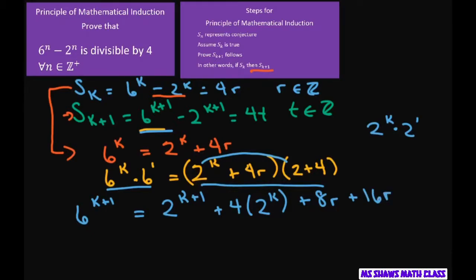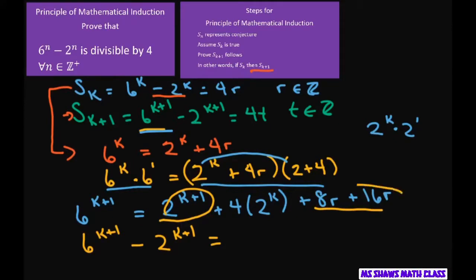Now, let's move this guy back over. And we have 6 to the k plus 1 minus 2 to the k plus 1 equals, and what I want to do on this side, is, first of all, this equals 24r. So let's write that out, 24r.